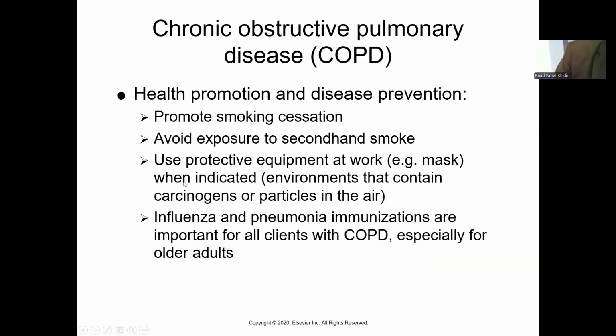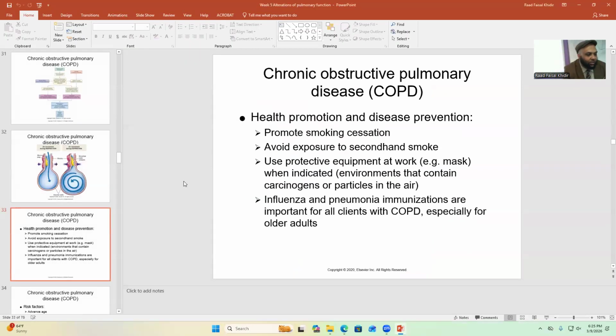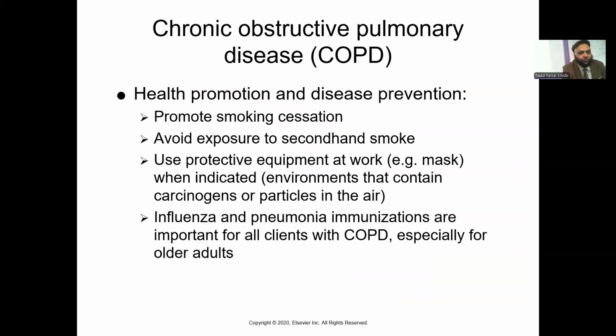So when it comes to health promotion and disease prevention, we have to promote smoking cessation. And we must use protective equipment at work, like masks when indicated, in environments that contain carcinogens or particles in the air.